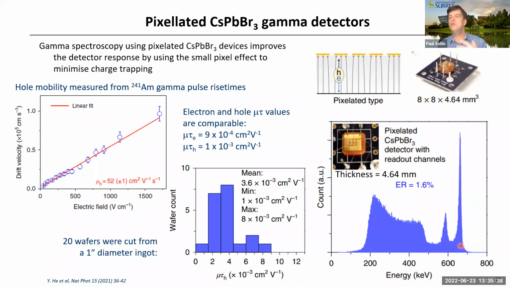If you move from a planar detector to a pixelated detector, several things happen. Generally, to improve your spectroscopy, the so-called small pixel effect tends to minimize charge trapping and is generally beneficial. So you can see that the gamma spectrum is showing nice resolution, just under 2% with the large lead escape peak.